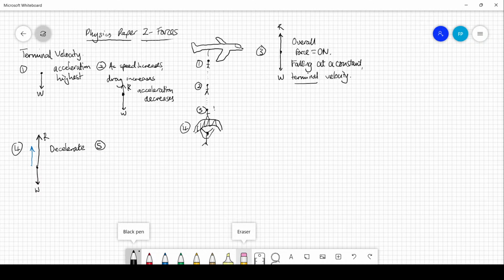Once again, since the speed decreases now, the air resistance will also decrease.